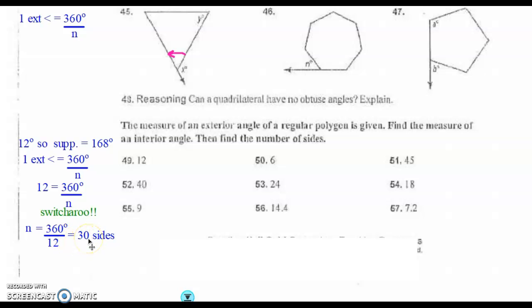Guess what? We get 30. And number 49, the first answer, the interior, I'll write that up there. This guy's the interior. And then the number of sides is 30.